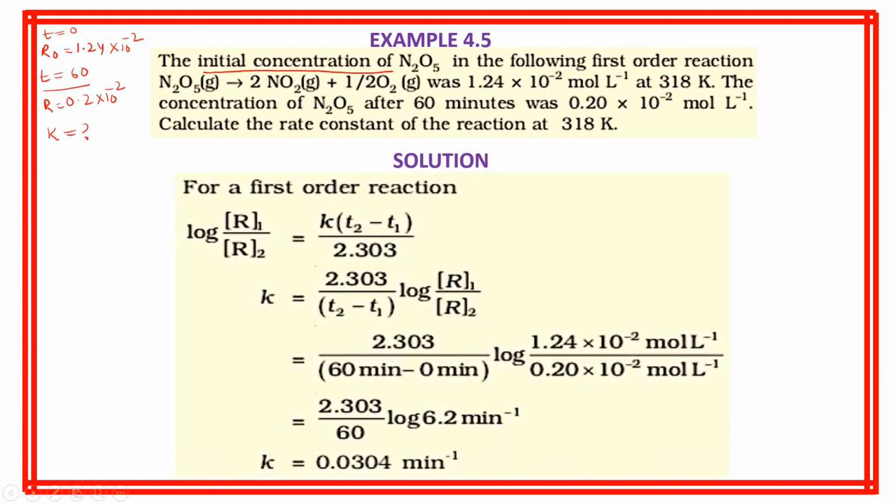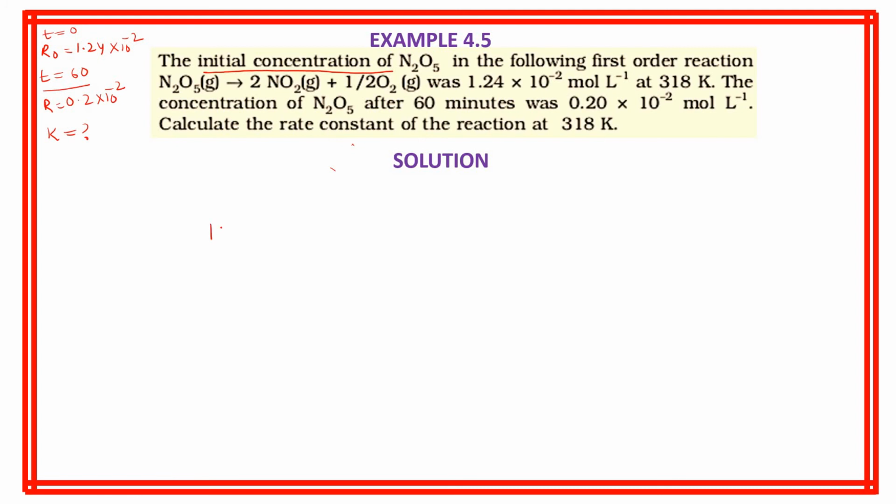Now how do you solve the problem? Like this. K is equal to 2.303 by t into log of initial concentration by final concentration of reactant. Your reactant is N2O5 here.